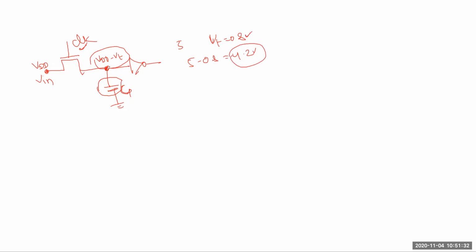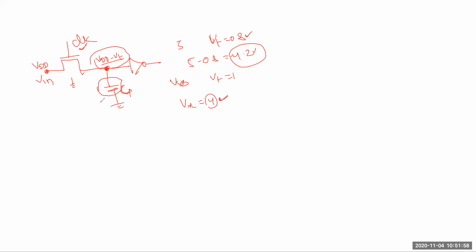Again, due to the body bias effect, the bulk is ground, so VT increases, suppose to 1 volt or more, and then Vx will decrease to 4 volts.